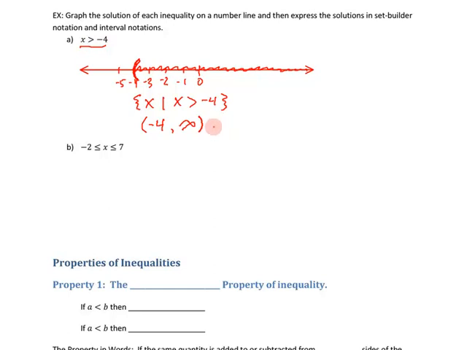Let's do the same thing on example B. Start by graphing this on a real number line. So I need to go from at least negative 2 up to 7. Let's put 0 here. 1, 2, 3. So here's negative 1, negative 2, negative 3, 1, 2, 3, 4, 5, 6, 7.